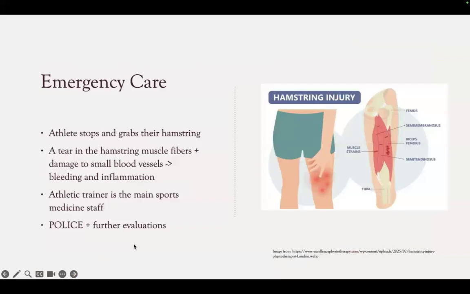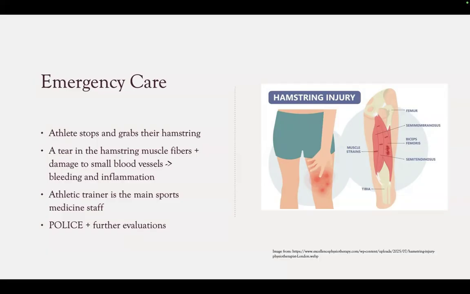So emergency care is right after the athlete grabs her hamstring and is unable to continue. From the physiological standpoint, there is a tear in the hamstring. We can see it on the picture, our leg, our hamstring, and the muscles.